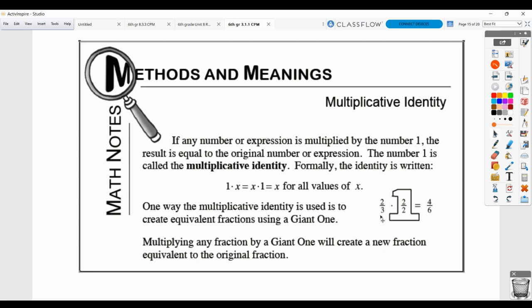So this fraction of 2/3 multiplied by a giant 1 of 2 over 2 is going to give us 4/6, which means 4/6 looks different than 2/3, but it is equal in value. In other words, it is equivalent. So it is an equivalent fraction, and we can create that equivalent fraction by using our multiplicative identity.